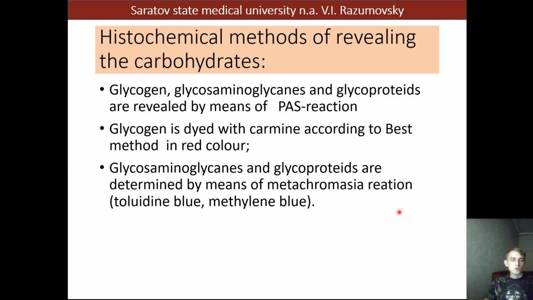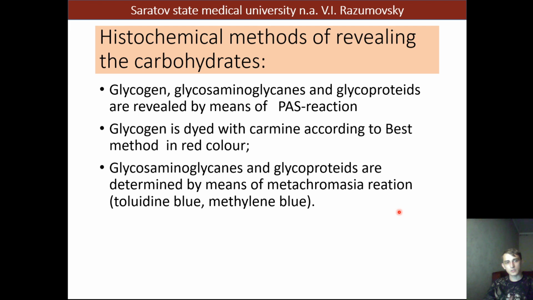Histochemical methods of revealing carbohydrates. For glycogen, glycosaminoglycans and glycoproteins, you should use the PAS reaction. Some examiners will ask you about the Schiff reaction. Schiff reaction is the same process as the PAS reaction.